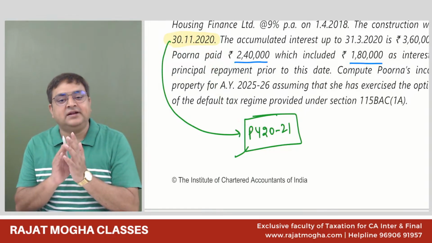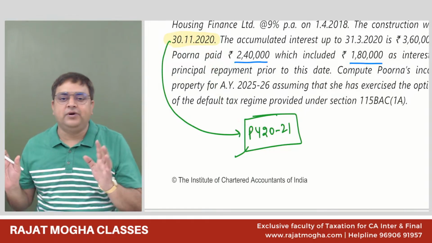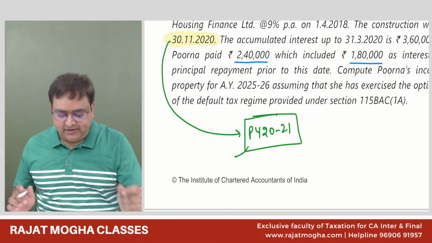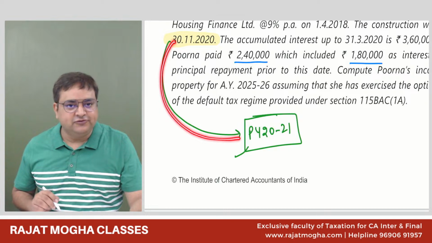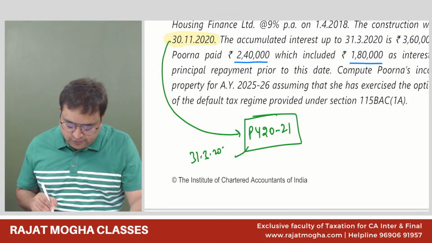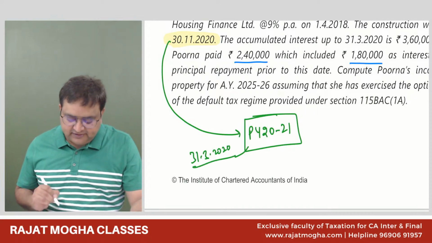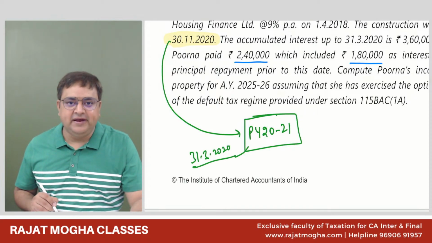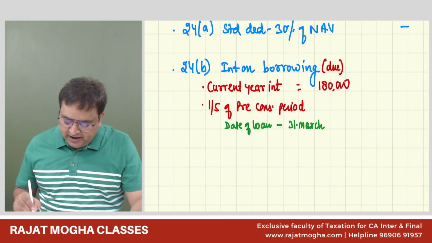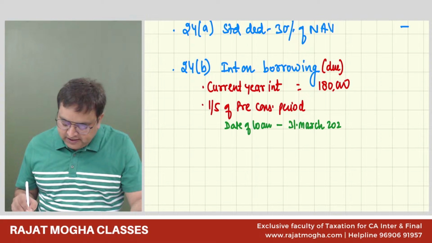You can't say, sir, it is getting completed on the last date. No, doesn't matter. Just see which previous year the completion date belongs to, and the period before that year, up to 31st March 2020, is the pre-construction period. So it will end on 31st March 2020 in our case.